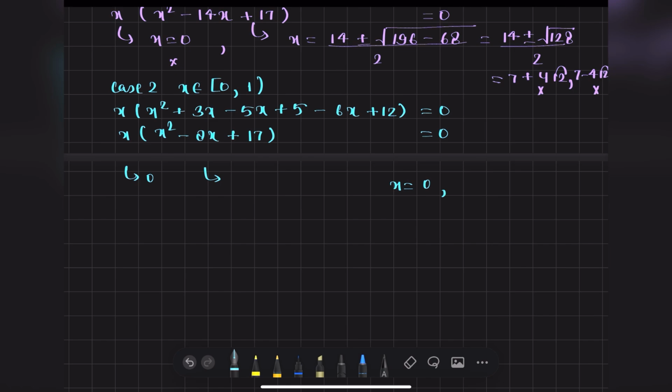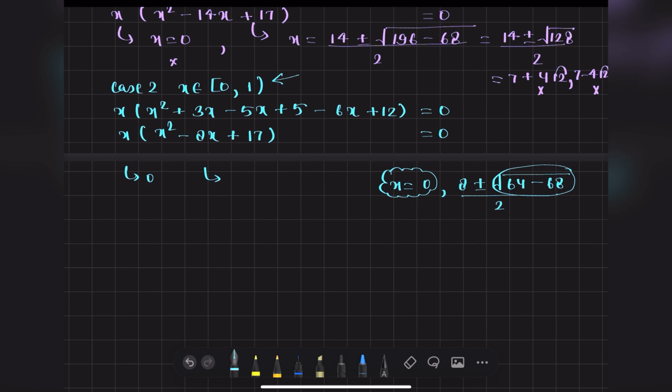So 8 plus minus root of b square minus 4ac, 68, by 2. And look at this part: here the value under the root is negative. This means you will get an imaginary root, and you can consider the zero at x equals 0, because in this range you have included 0. So we got the first zero as x equals 0.